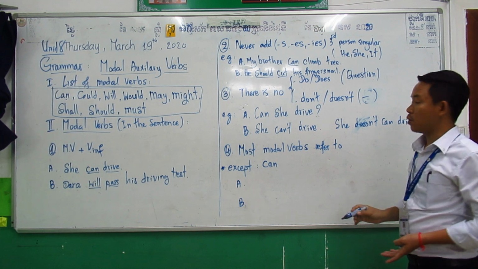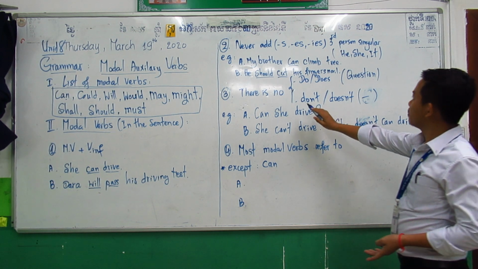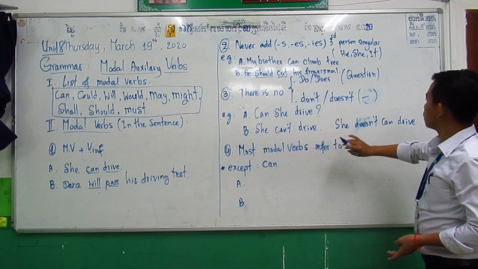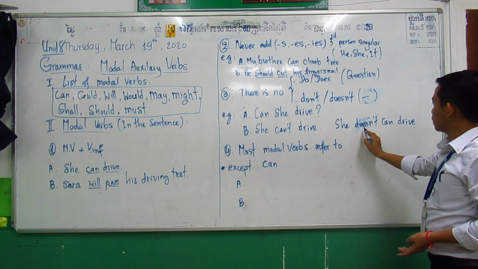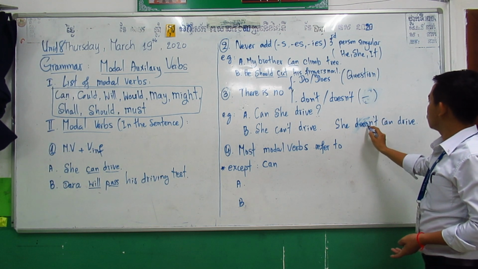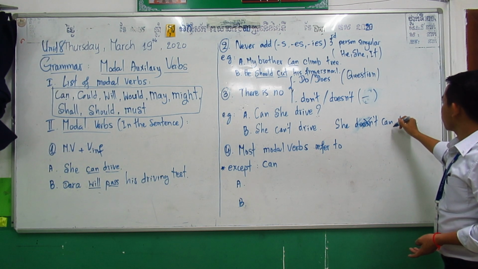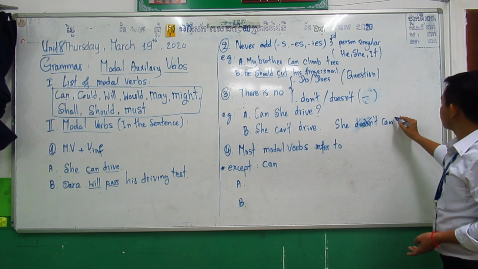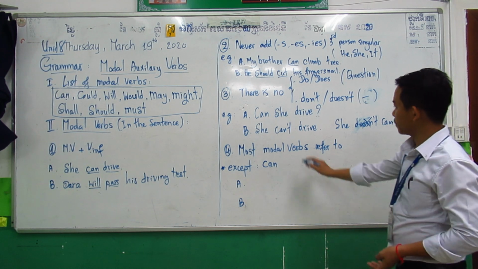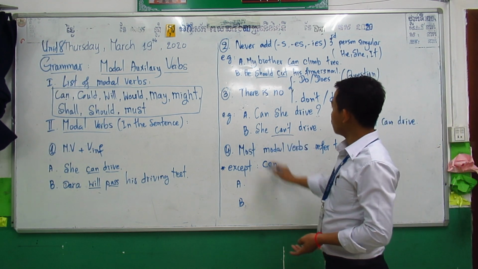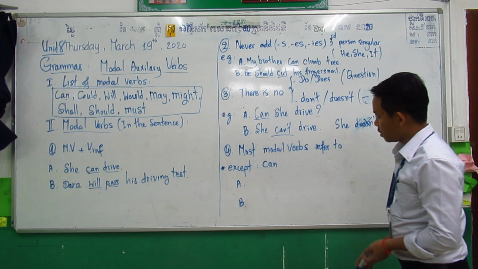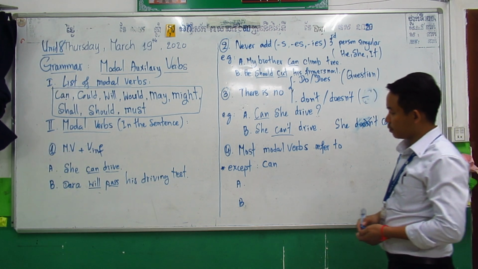This is already wrong because we don't need do, don't, or doesn't in the negative sentence. So this one must be wrong. We just add not to the word can, right? Can't here. Remember as well, it is very important.